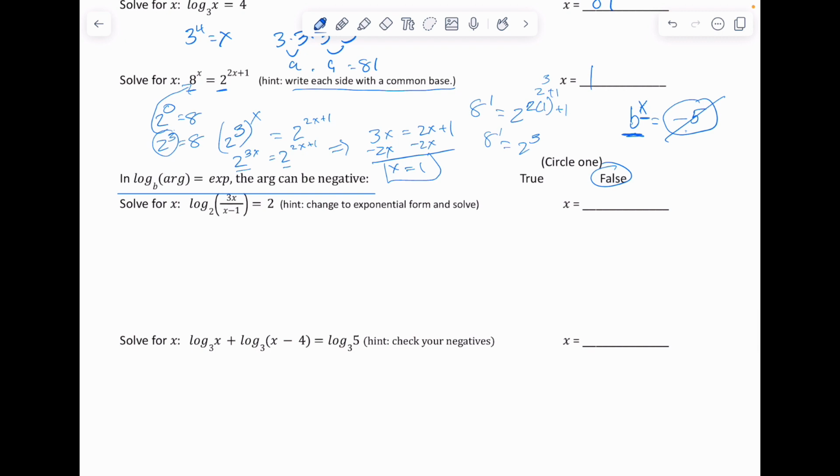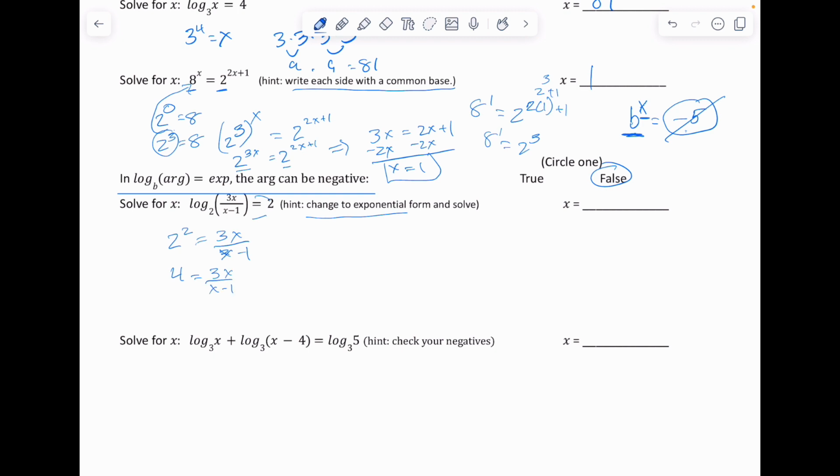All right, log base 2 of the argument 3x over x minus 1 equals 2. Your hint: change it to exponential form. So base 2, do the swappy swap. So base 2 to the power of 2 equals 3x over x minus 1. Well, 2 to the 2 power is 4, equals 3x over x minus 1.